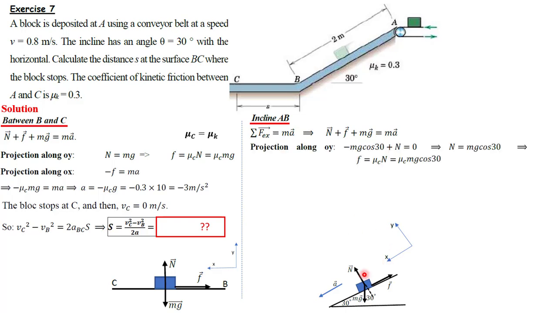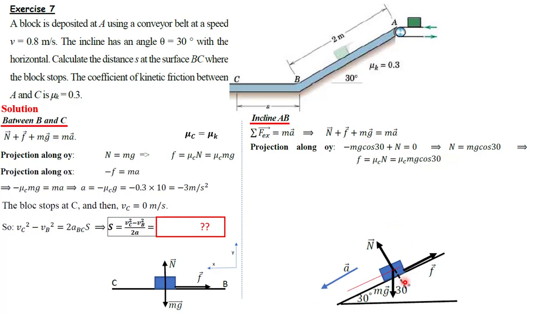So along y, the projection of n along y will give us plus n. F doesn't have any projection along y because F is perpendicular to the y-axis. Now mg, what is the projection of mg along y?